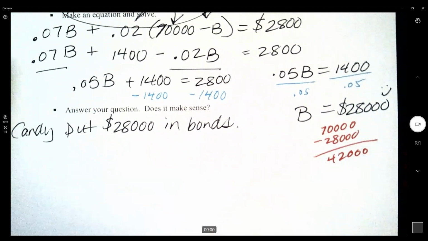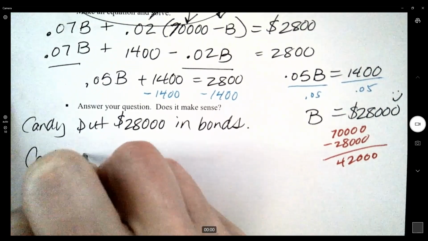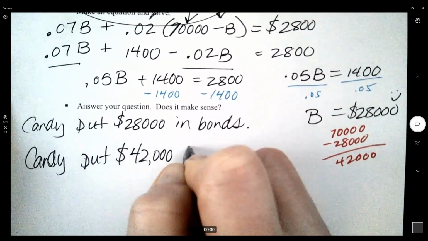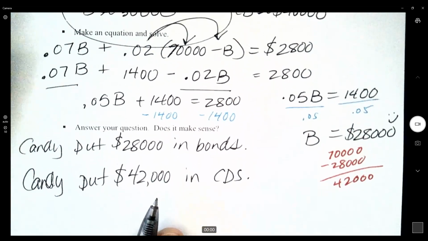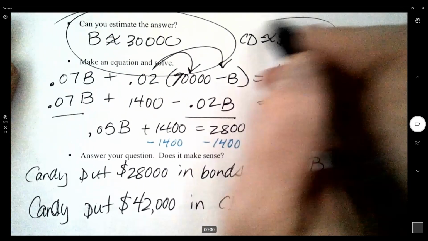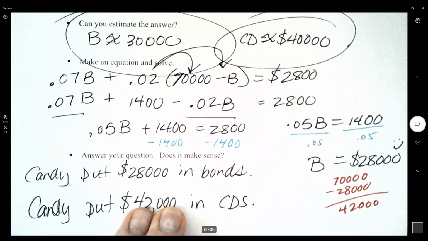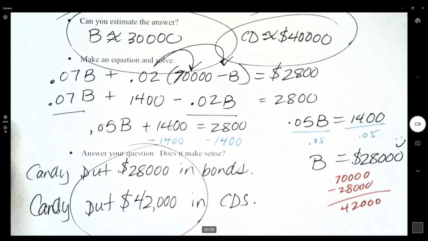So that's how much Candy should put into her CDs. Candy should put $42,000 in the CDs. And I think that's a relatively accurate number because it does match closely to what our estimate was earlier. There should be more in CDs than there is in bonds, and they total $70,000.